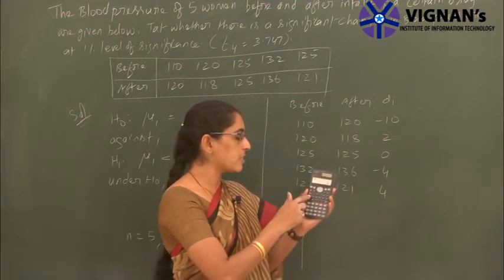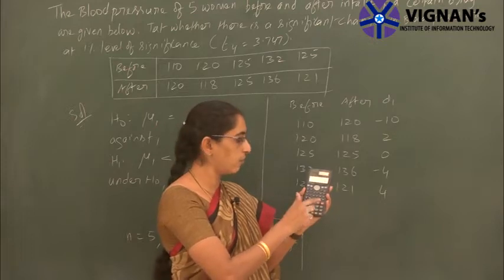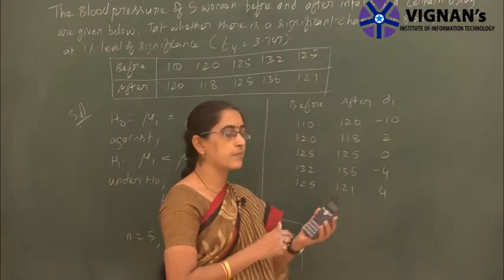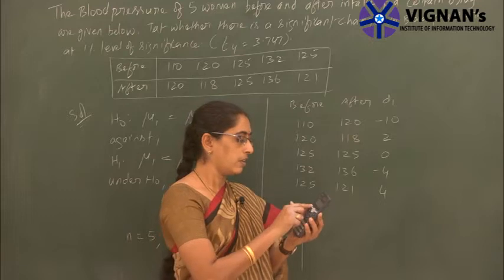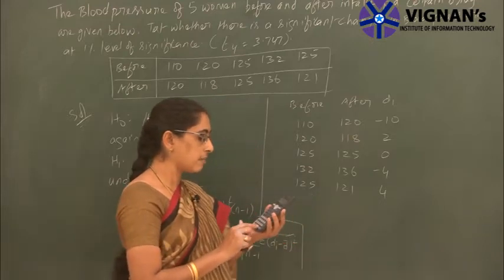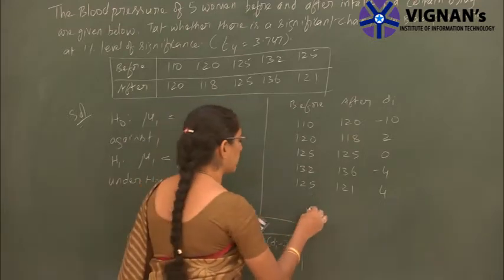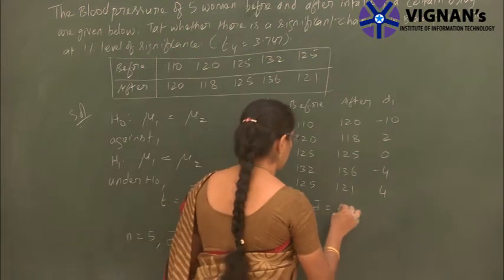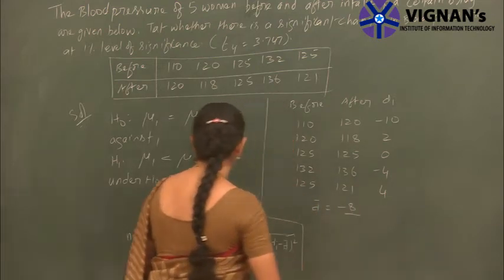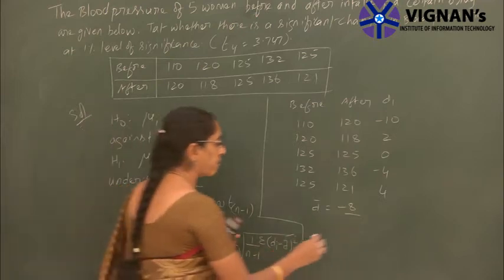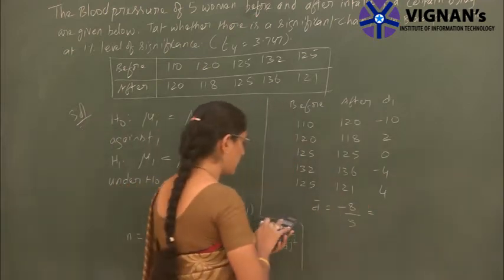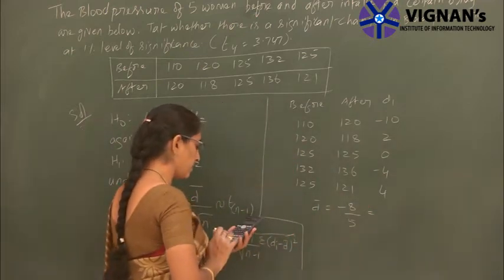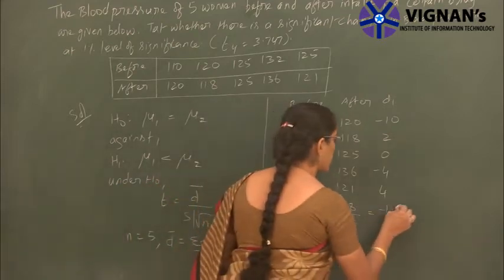Then fourth one minus 4, so again minus symbol 4, M plus. Then fifth observation is 4 here. Now if you press shift 1, summation Di is nothing but minus 8. So minus 8 by number of observations, 5, so the value is minus 1.6.